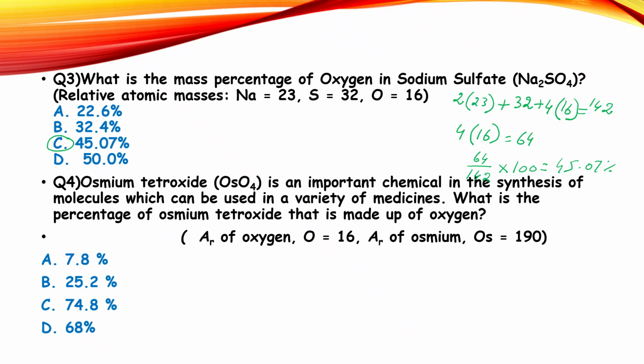Osmium tetraoxide is an important chemical in the synthesis of molecules which can be used in a variety of medicines. What is the percentage of osmium tetraoxide that is made up of oxygen? So let us first of all find mass in grams of osmium tetraoxide.